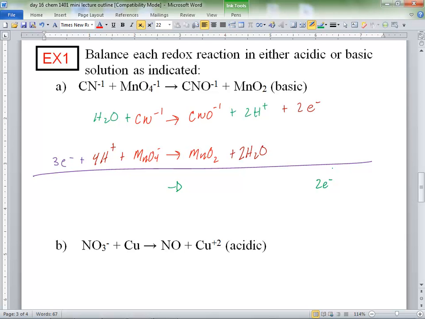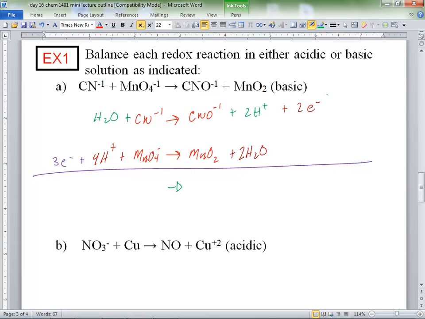Everything on the reactant side, I just bring it down. But then you simplify, all that crosses out, end up with 1 electron. All right? You can't have electrons floating around. All those electrons had to get transferred from one reactant to the other one. So you can't do this.